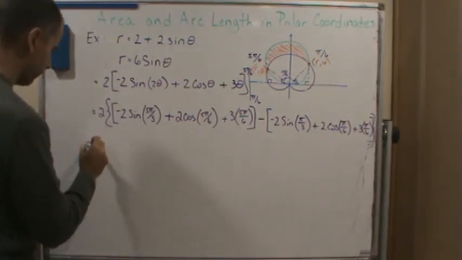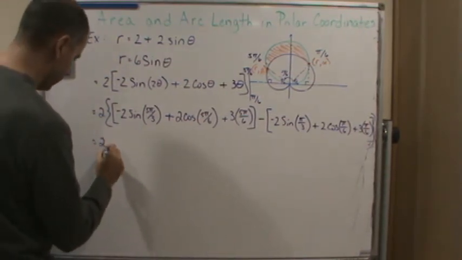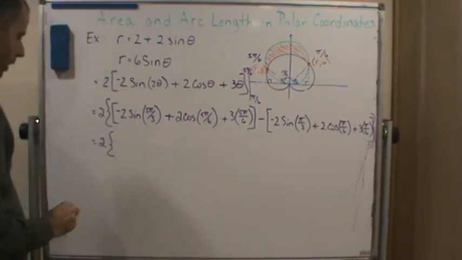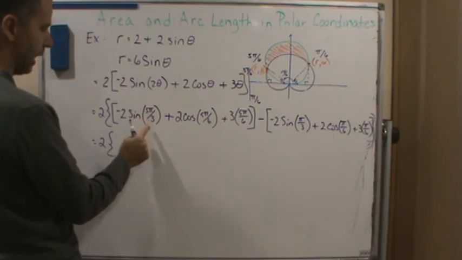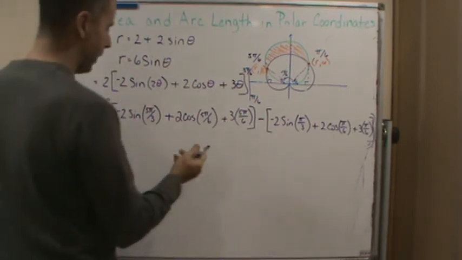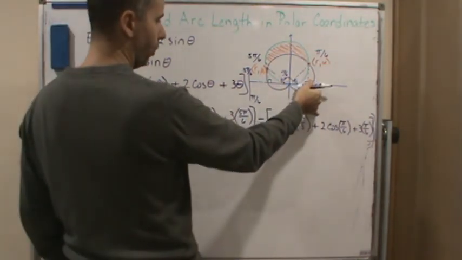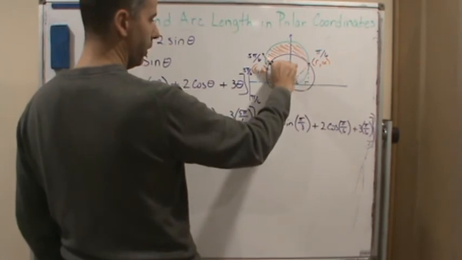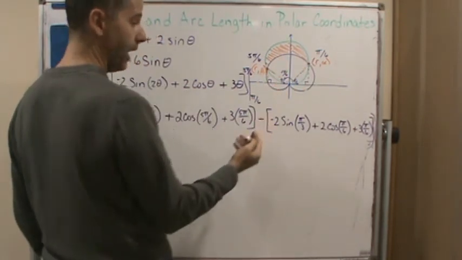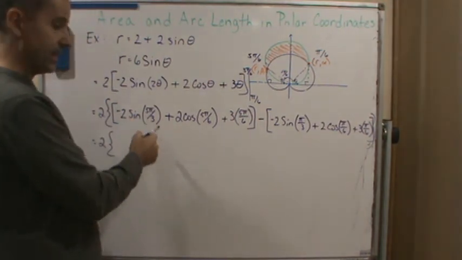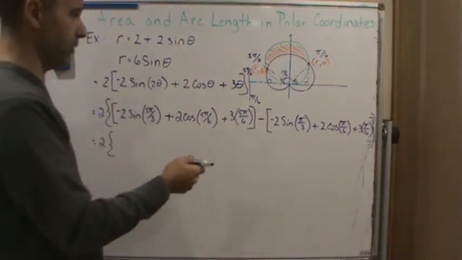Okay, so this is going to give me, again, this is 5 pi over 3. So 5 pi over 3 gives me what? 1, 2, 3 pi over 3, and then I get 60 degrees. So pi over 3 is 60 degrees, so I'm going to do 5 60 degrees.